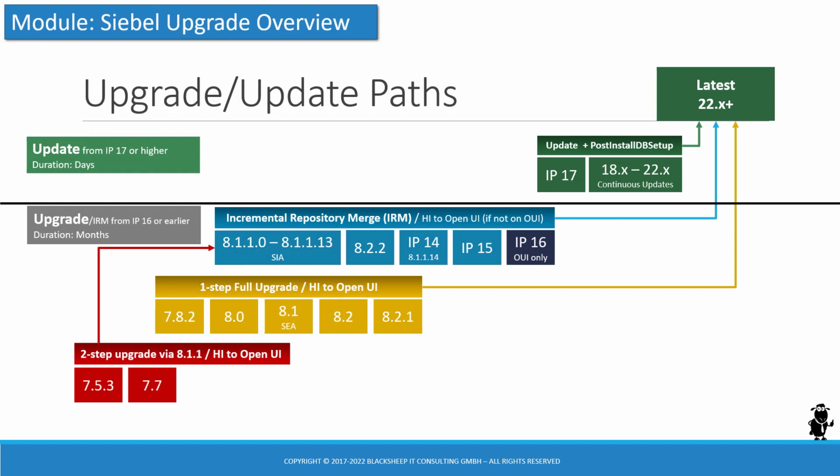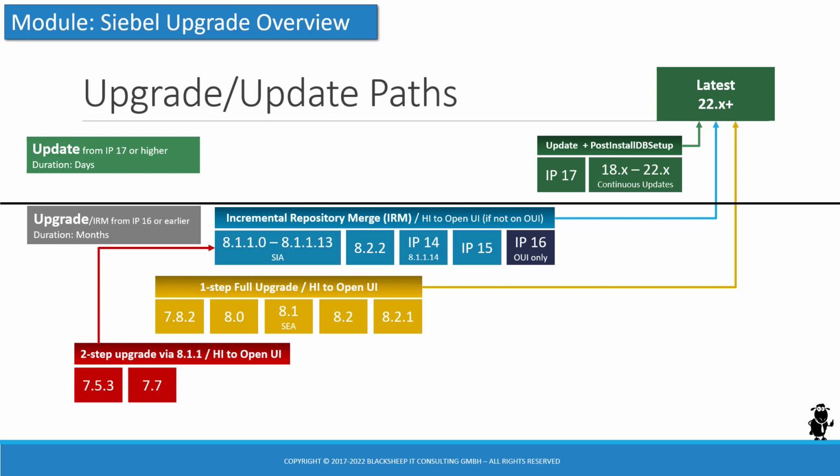Now let's discuss exemplary content of the modules in the Siebel 22 workshop. We start with a slide from the Siebel upgrade overview, which describes the upgrade paths and compares them to the update path.